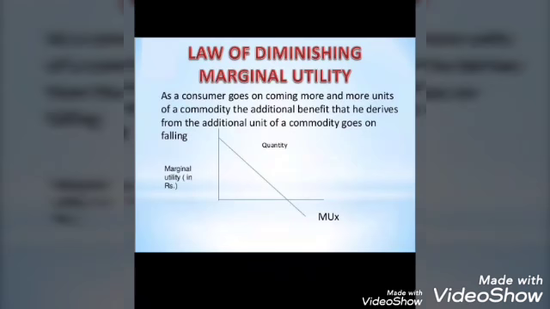When we take 1 chapati, then after consuming it our utility decreases, that means it comes to 80. Whenever we take more and more eatable items like chapati, our marginal utility diminishes rapidly. And after some time a point arises where we don't have to eat anything, because our utility is completed.